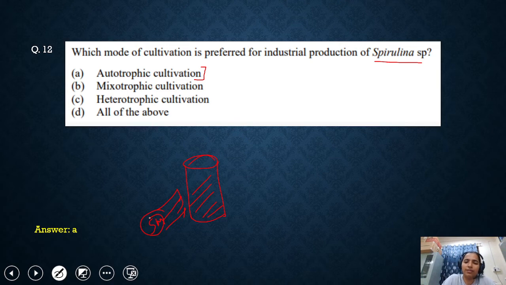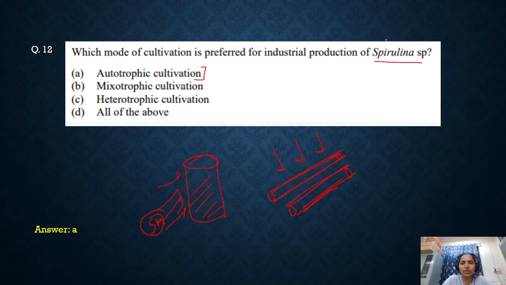These fermenters are formed in different shapes and sizes, but you have seen one thing, that they are made of glass, meaning they are able to pass the light, so that they can take the light from the environment. So spirulina production occurs in autotrophic cultivation.